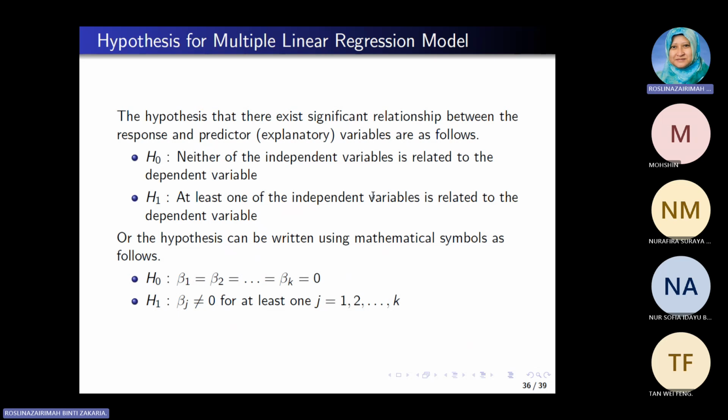Or you can write the hypothesis using mathematical symbols, where beta 1, beta 2, and so on are the coefficients of the variables. The alternative is H1: beta j not equal to 0 for at least one j, j equal to 1 up to k. So when you want to justify your answer using hypothesis testing, you must state your hypothesis.